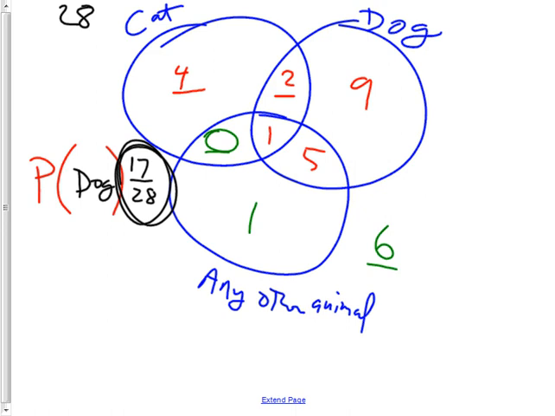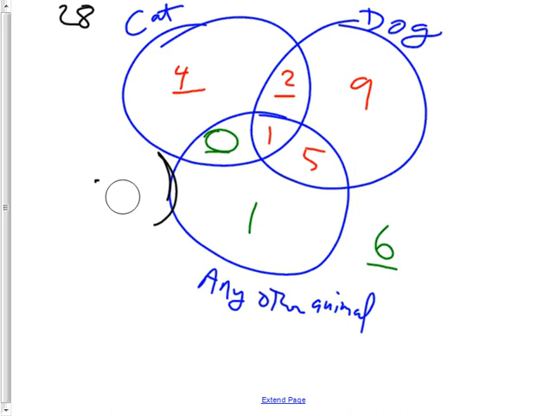All right. Now here's the much harder kind. The givens. Given that they have a dog, what's the probability that they don't have any other animal? It's given that they have a dog. In other words, I'm only going to pick from dog people. What's the probability that they will not have any other animal?